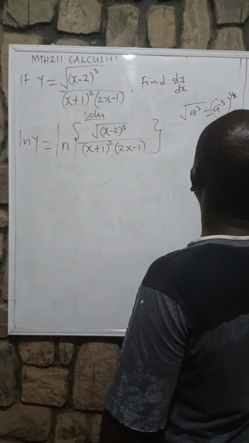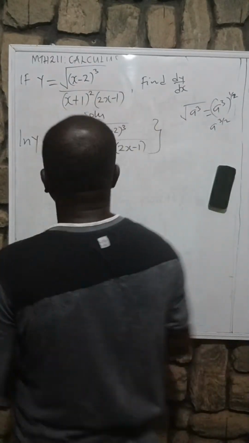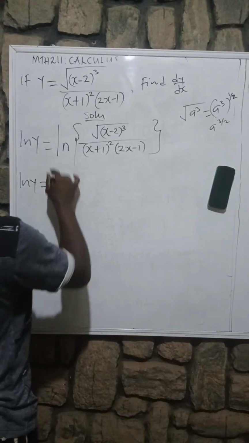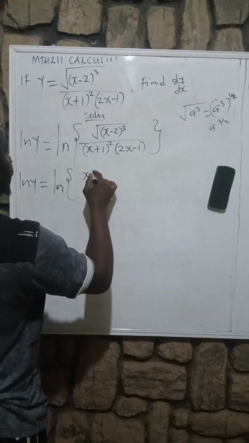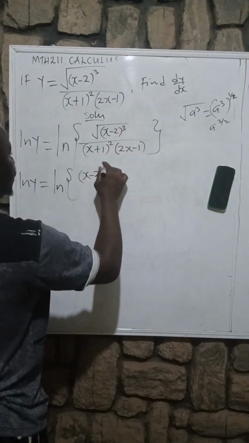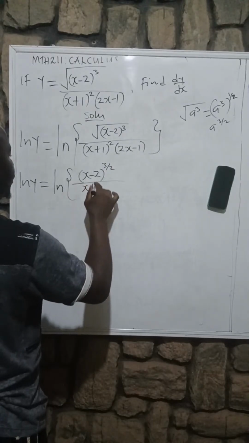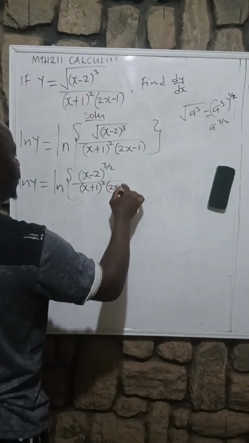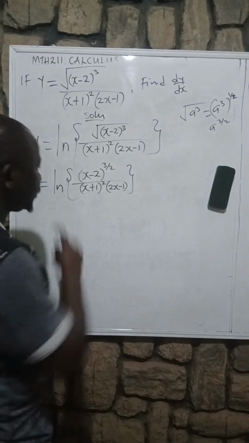Use this to multiply, we are going to have a raised to the power of 3 over 2, true or false? So ln y equals ln of (x minus 2) raised to the power of 3 over 2, all over (x plus 1) all squared times (2x minus 1). Then close the bracket. Amen?